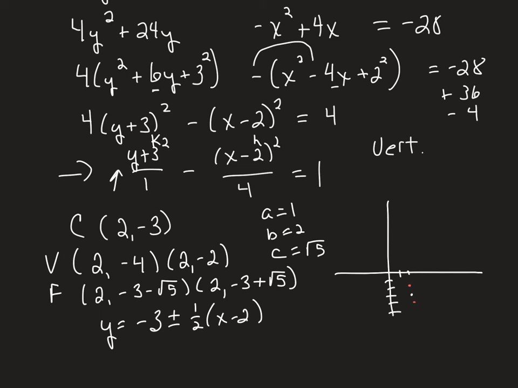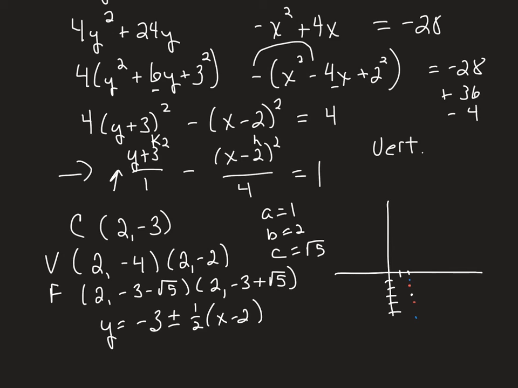Negative 3 minus the square root of 5 is approximately negative 5.2. Let's see, 1, 2, 3, 4, 5, so right here. So negative 3 plus the square root of 5 is approximately negative 0.76. So let's say about here.